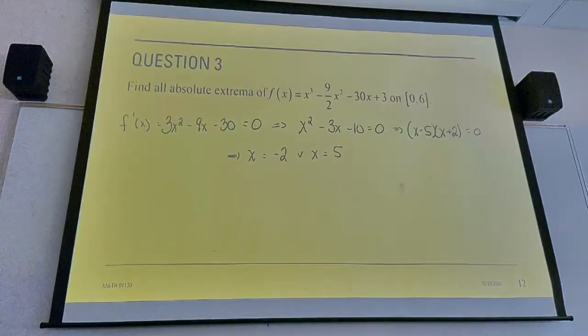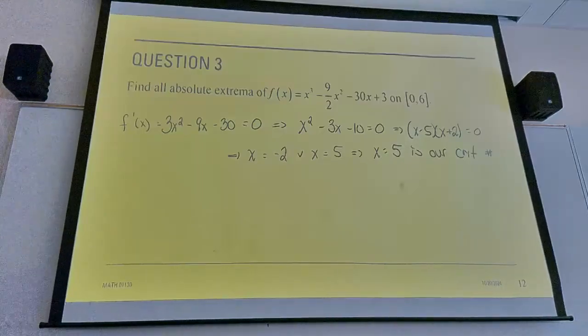Those are the critical numbers. But what's the interval we're looking at? So the only critical number we have to worry about is 5.